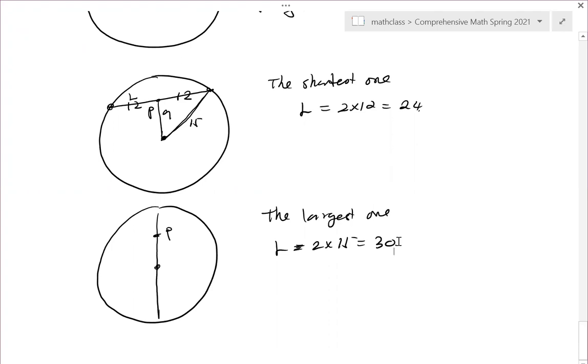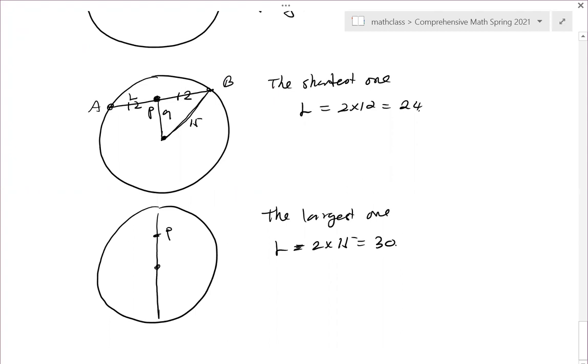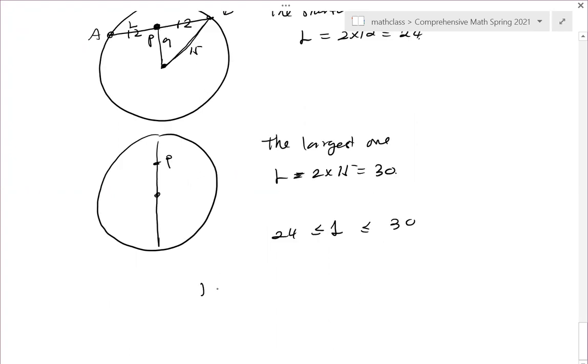So now imagine when you change A and B smoothly, but keep it passing through the point P. The length is between 24 and 30, right? So can the length be 25? Answer is yes. 26? Yes. 27, 28, 29. So between 24 and 30, there are 5 integers.